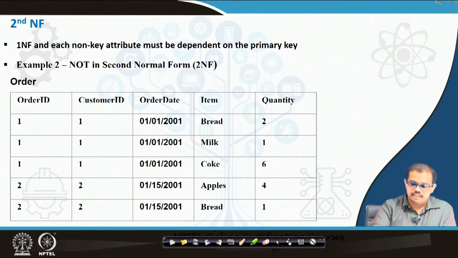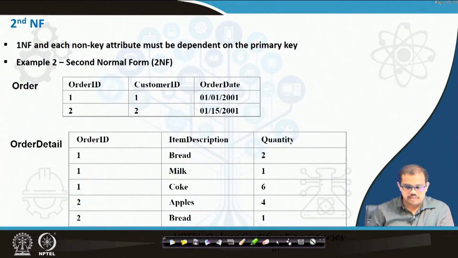Let us say bread is not completely dependent on the primary key here, because it is determined by the quantity, it is determined also by the order ID. So, for example, if I consider order ID as a primary key in this case, what I do is break up into two different tables.